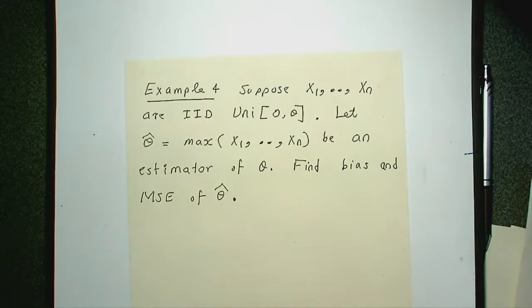This is similar to example 2, except that here we have a maximum, not a minimum. So you have a random sample from a uniform 0 theta distribution, and we have the maximum of the data as an estimator of theta, right?